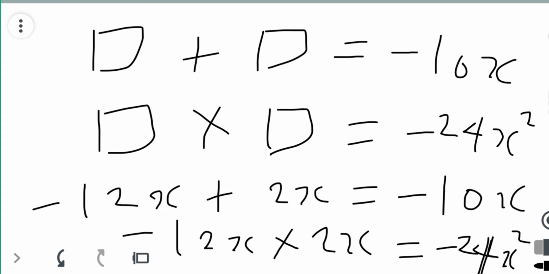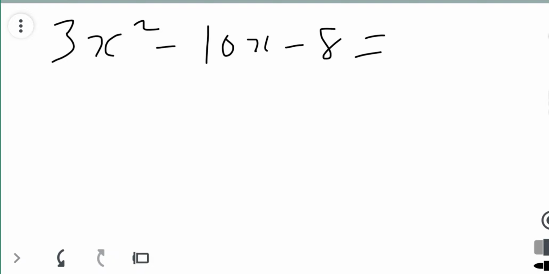So minus 12x and plus 2x are good for that equation. So quickly, let's go back to the equation. We have 3x squared minus 10x minus 8 equals 0. We said minus 12x and plus 2x.